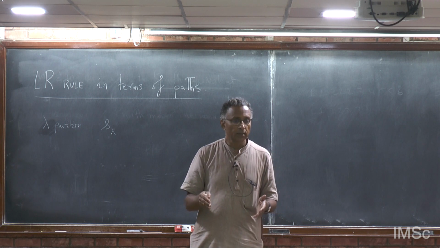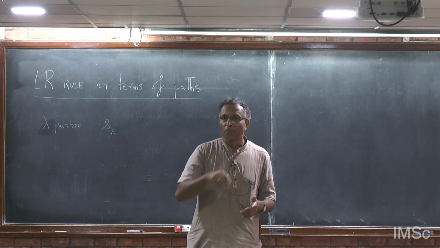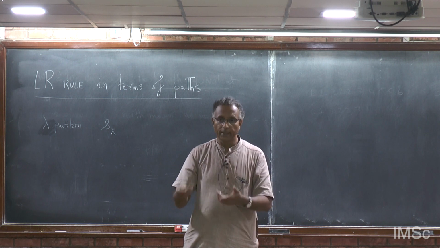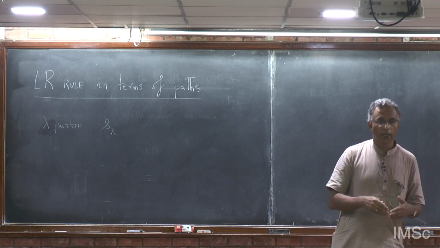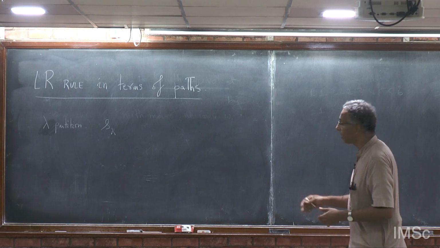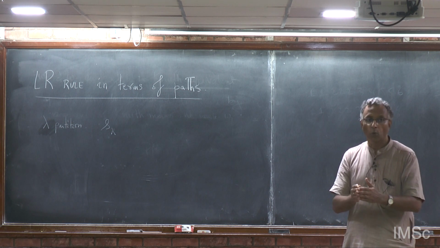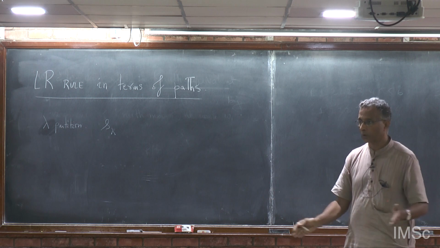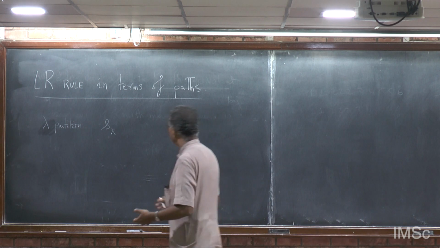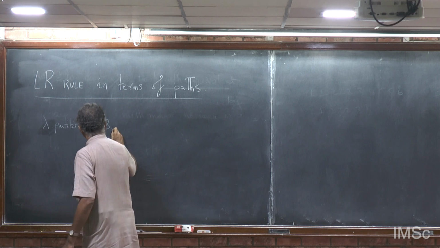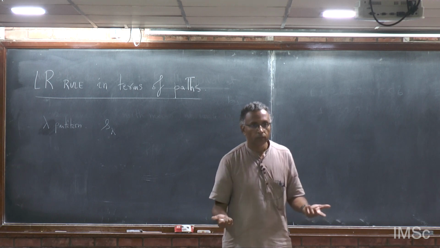Amri defined it as the sum of the weights of all semi-standard Young tableaux of shape lambda, where n is fixed, with fillings from 1 through n. That will be a symmetric polynomial in 1 through n.